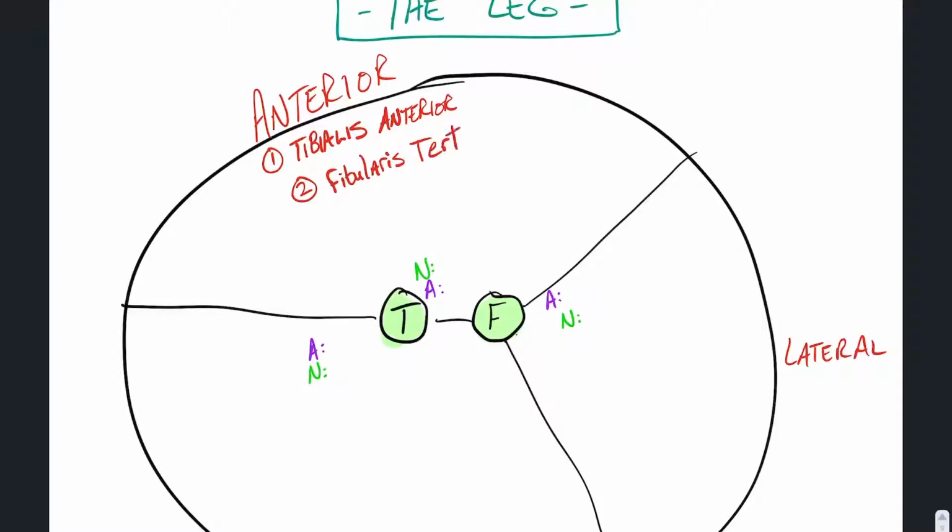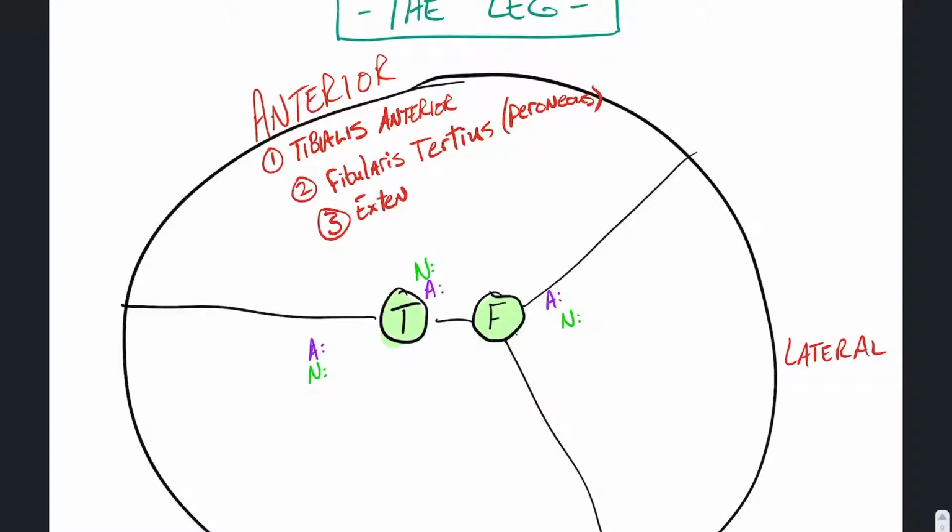T-E-R, tertius, also known as peroneus, P-E-R-O-N-E-O-U-S, peroneus.